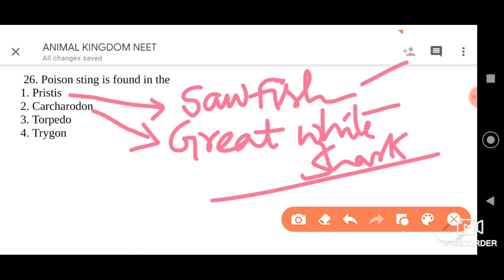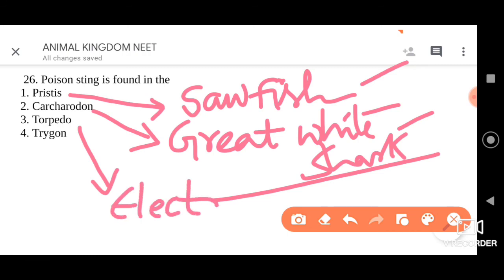Sawfish is the common name for Pristis. Carcharodon's common name is great white shark. Torpedo is generally regarded as electric ray. So note these three aspects. Pristis is also called sawfish, Carcharodon is also called great white shark, and Torpedo is referred to as electric ray.